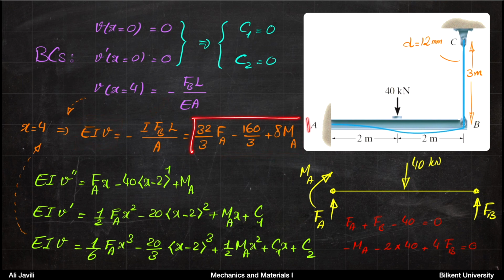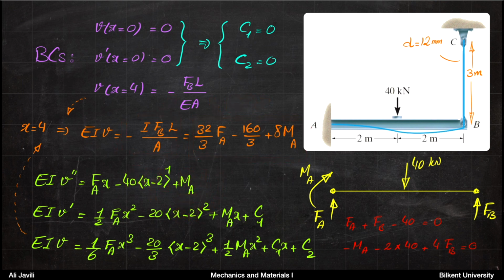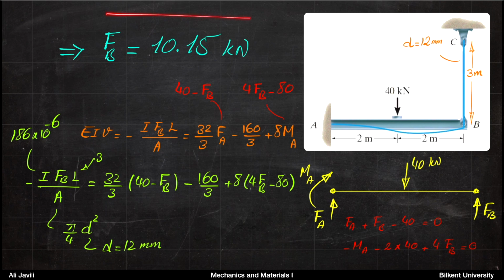So this is your deflection, and this is the corresponding value from this. So this is EIV, and this is essentially EI times minus FB L divided by EA. You equate them, and then the rest is to just solve the equations. Okay, this would be your FB. This is what the problem wanted us to solve.